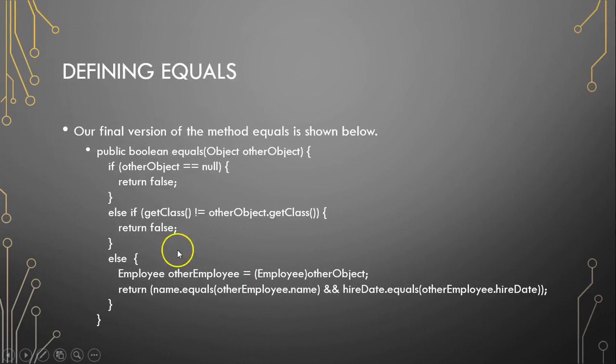If we look back here, we compared otherObject to null, and we returned false. One question you might wonder is, do I still need to produce code this way, or can I produce it the way we've been doing with equals methods?